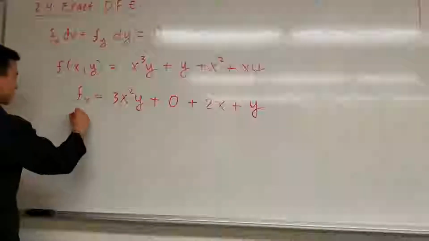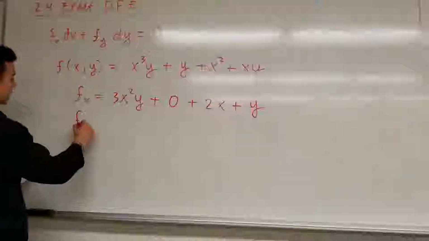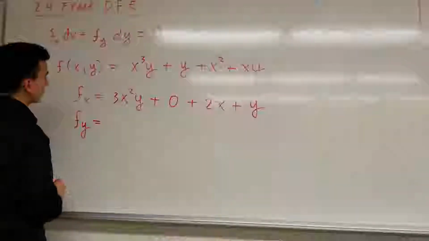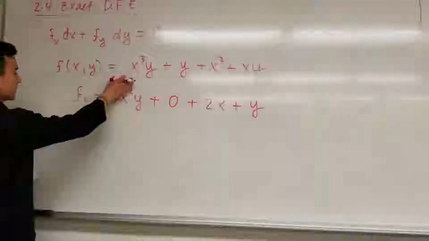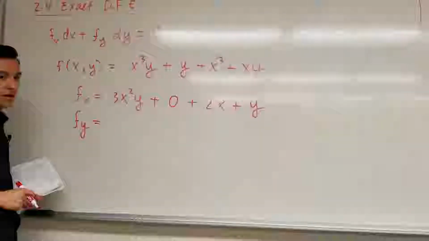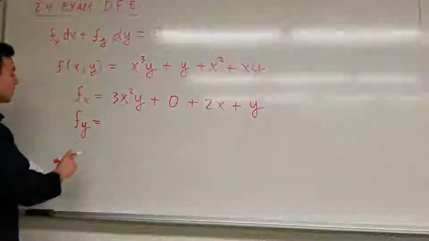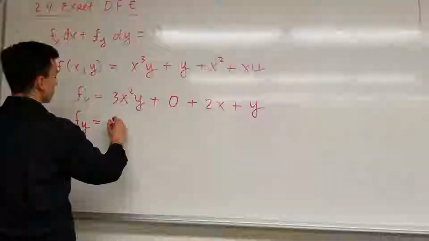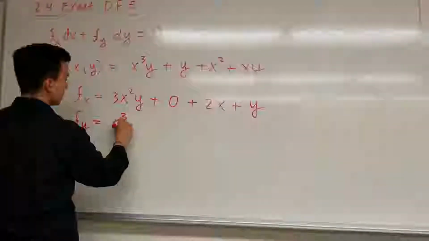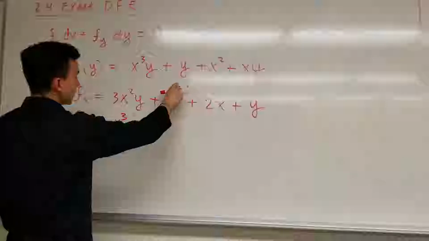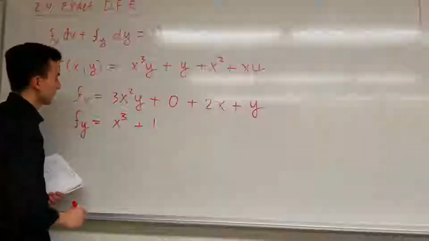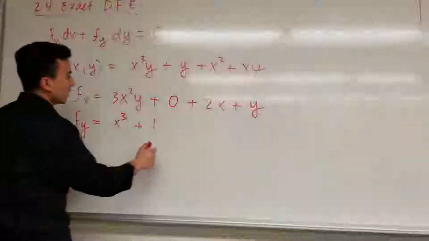Now let's take the partial derivative of f with respect to the partial of y. We're going to do the same thing to this function, except with respect to the y variable. If we take the derivative of this, that's going to be x cubed. Take the derivative of y, that's going to be 1, because now it's with respect to y.